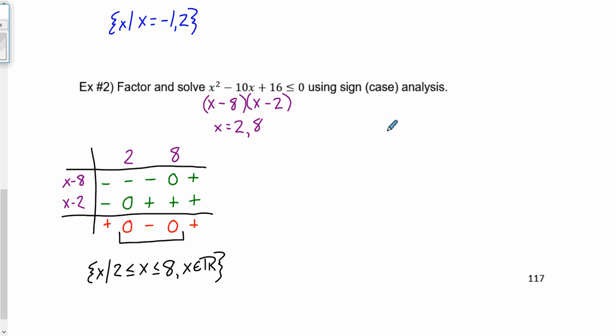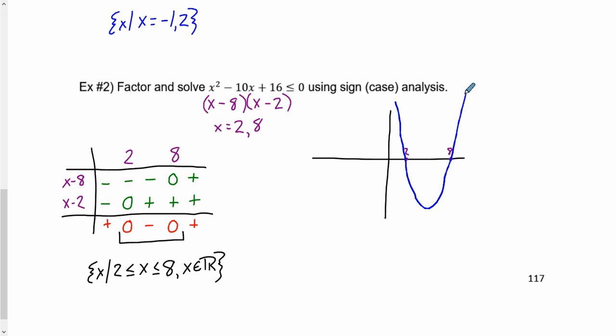If I further make the connection to what the graph would look like, I don't need to know exactly what my vertex is, but I can know that my x-intercepts would be 2 and 8. That would be the 2, that would be the 8. And since it's a positive parabola, it would look something like this.